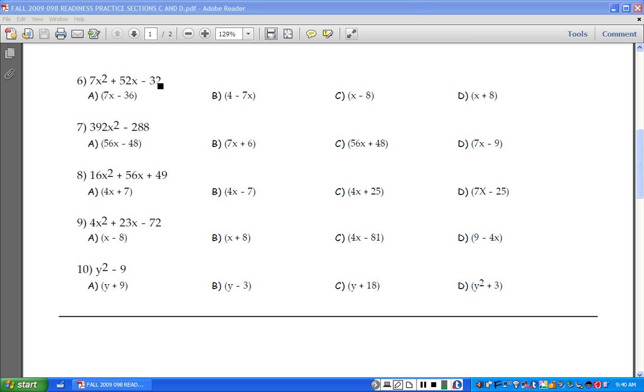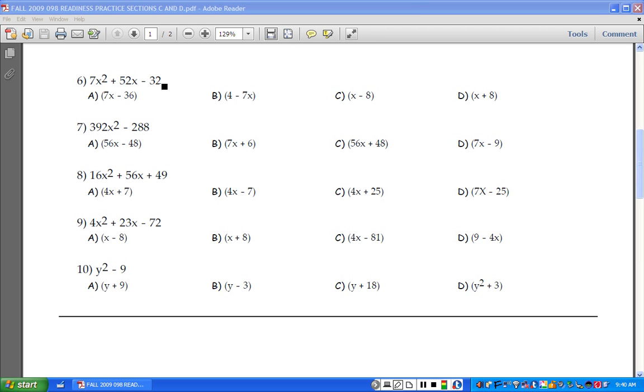Well, we know the only thing that goes into 7 is 7 other than 1, and we know 7 doesn't go into 52 and 7 doesn't go into 32. So we can't pull out a common coefficient. And we have x squared here, we have an x here, but this 32 doesn't have an x attached to it, so we can't pull out any variables.